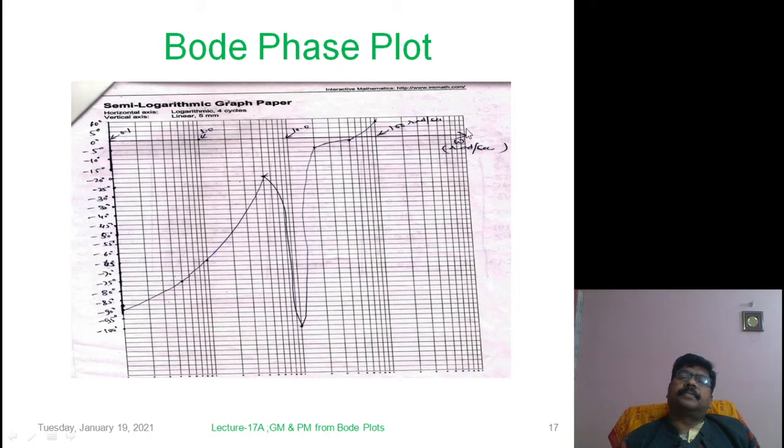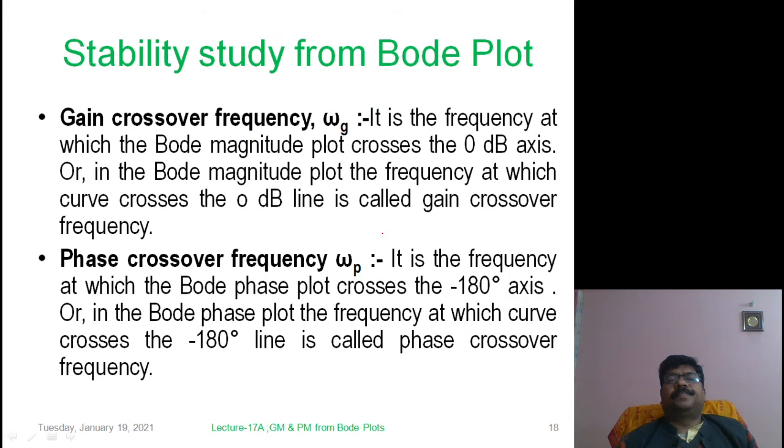The phase angle phi is taken on the y-axis in degrees, and the frequency is on the x-axis in radian per second. This way, the Bode phase plot is drawn.